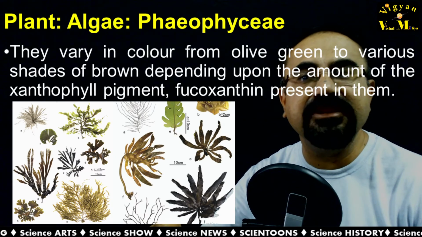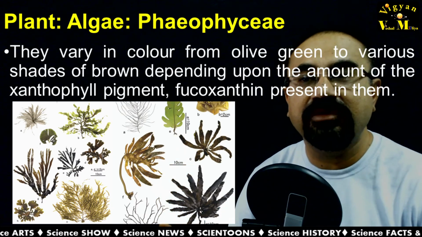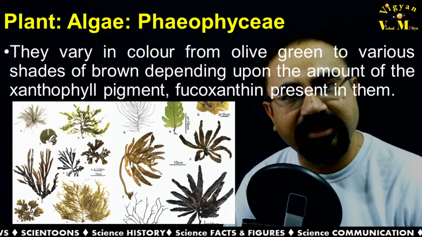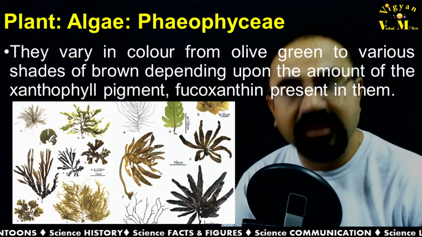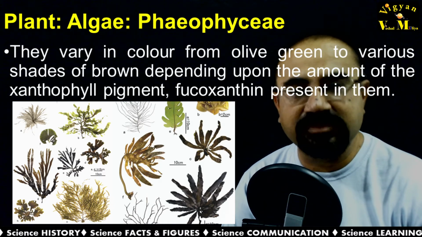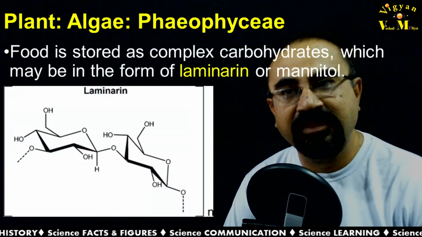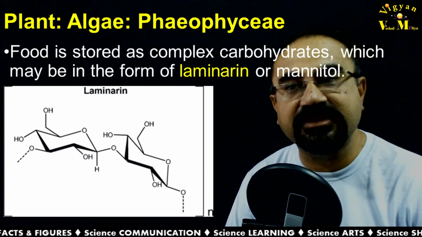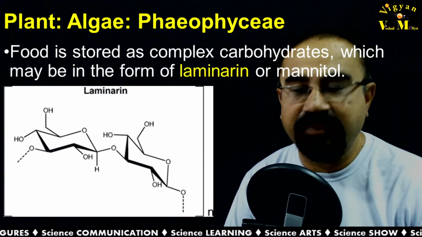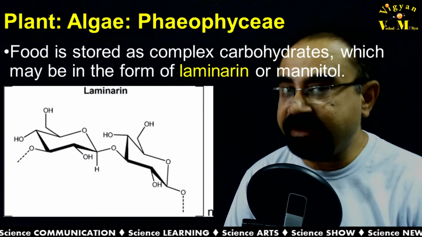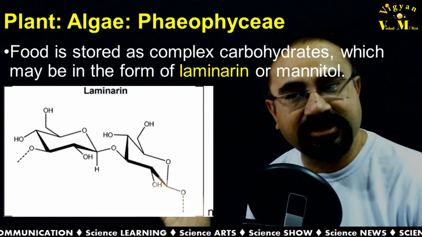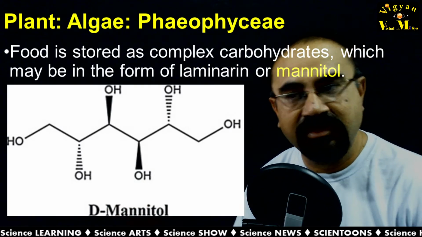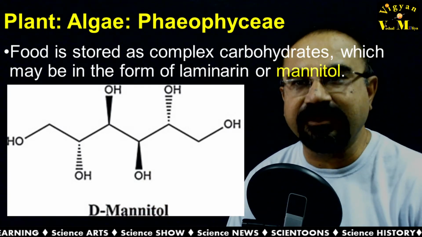They may vary in color from olive green to various shades of brown, depending upon the amount of xanthophyll or fucoxanthin present in them. Regarding the reserve food material, it is stored as a complex carbohydrate and may be in the form of laminarin or mannitol. Laminarin structure can be seen here, and mannitol is a sugar alcohol, structure can be seen here.